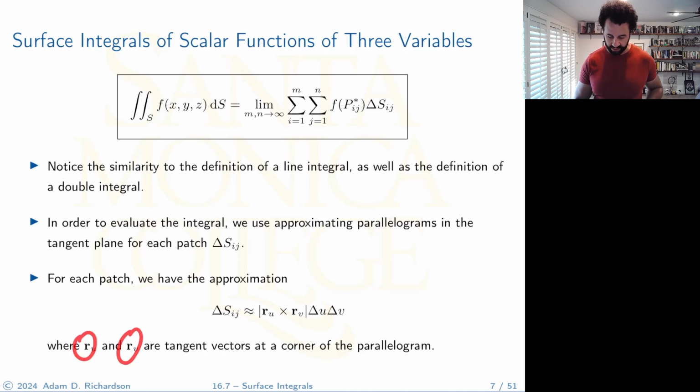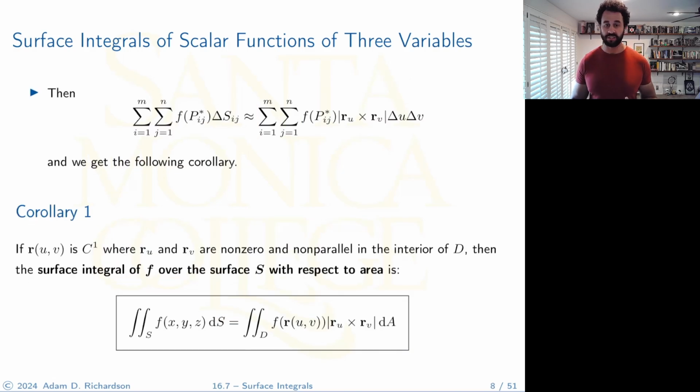So r_u and r_v are tangent vectors. Those form the corner of a parallelogram. There you go. You kind of see it there. So we can approximate the area of the patch using the area of those parallelograms, and we can re-express our sum like so. So now this delta S sub ij, the area of the patch, is approximated with the area of these parallelograms, and we get the following corollary after taking the limit and making the partition more refined.